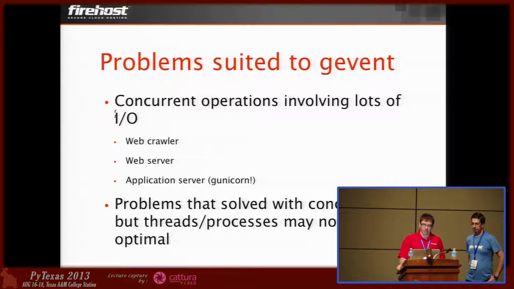It's also good at solving problems where you need concurrency, but threads or processes may not be optimal. A good example would be where you have an application that needs to do some I/O fairly intermittently. It's not doing a whole lot of network I/O, but it needs to do something every now and then. But you find you spend a lot of time waiting on I/O while you want to do other work.